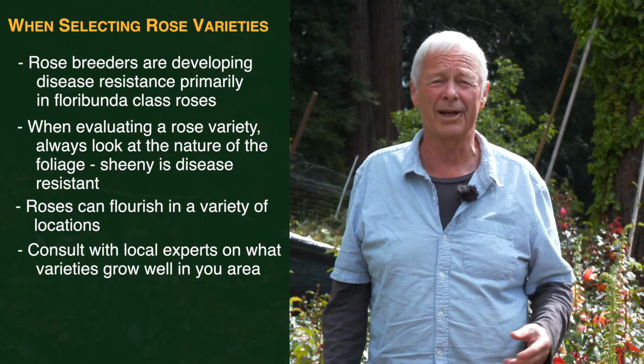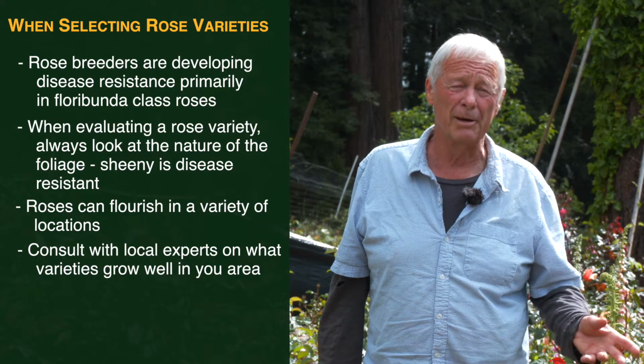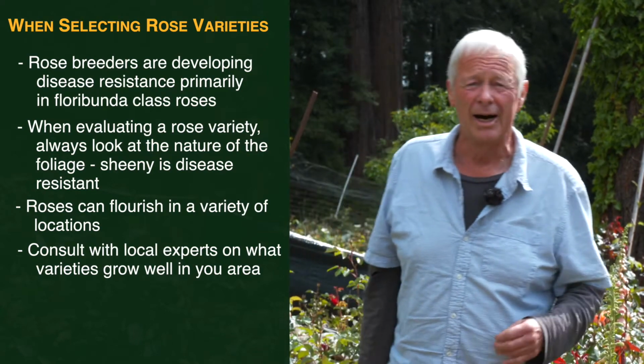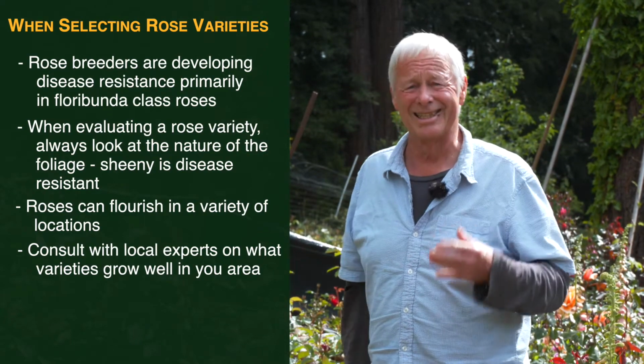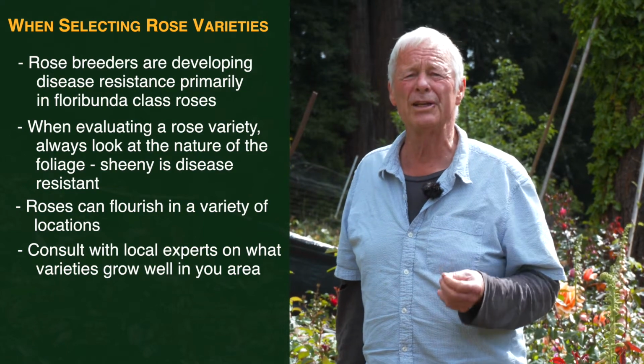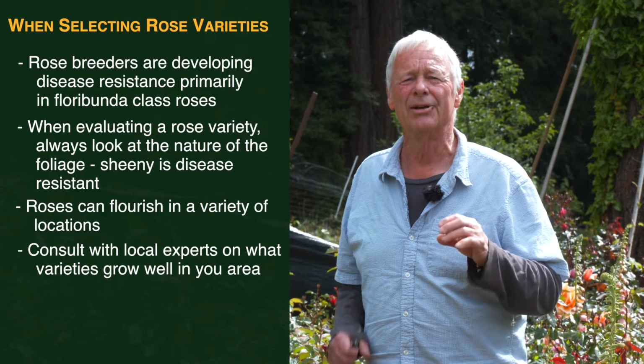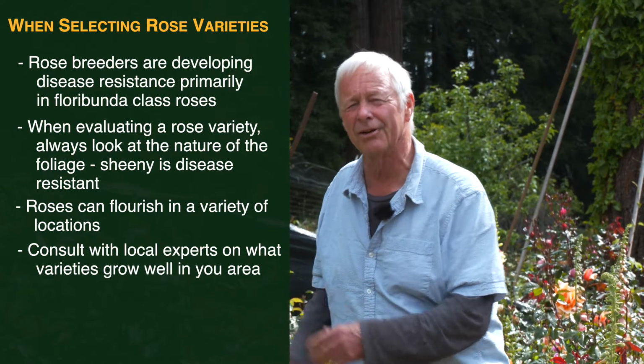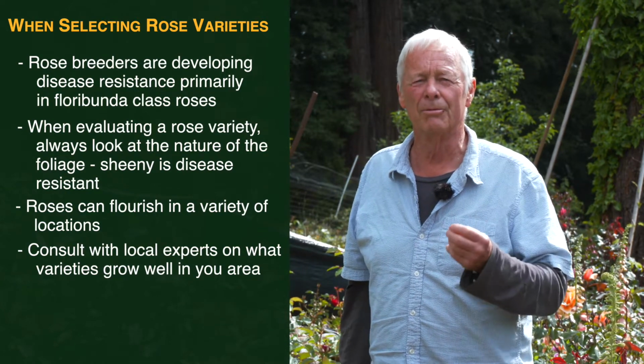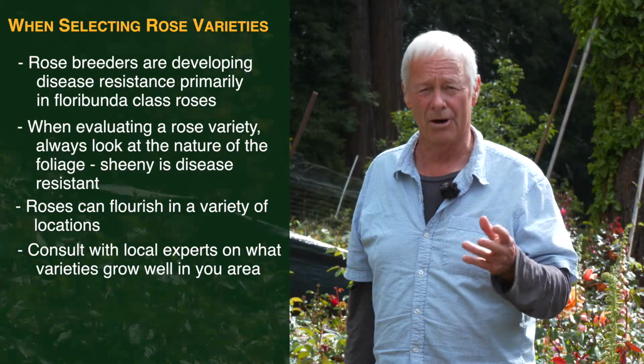They know this variety might do better here, that variety there. You've got a better shot at succeeding if you're using varieties that tend to be disease resistant in your area. But you also can drift in the direction of floribundas, which more and more are meeting that mark.